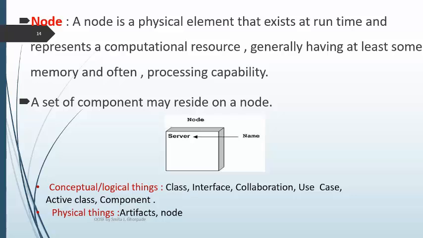So the conceptual or logical things are classes, interface, collaboration, use case, active class, and component. And the physical things are artifacts and node. So these are the different structural things.